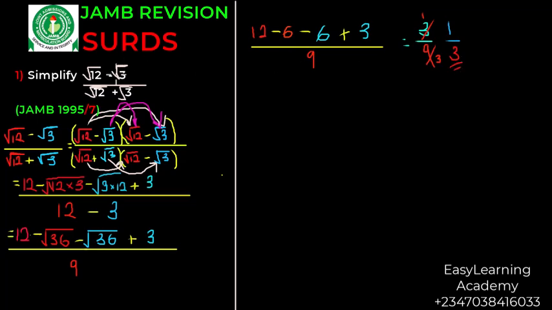It was simple. This was the question that we were given to simplify square root of 12 minus square root of 3 all over square root of 12 plus square root of 3. It was a JAMB 1995 question, and that was question number 7. What we've seen is that we are taking away the denominator here, and we need to rationalize, and rationalizing, the conjugate comes into mind, and the conjugate here will be square root of 12 minus square root of 3.